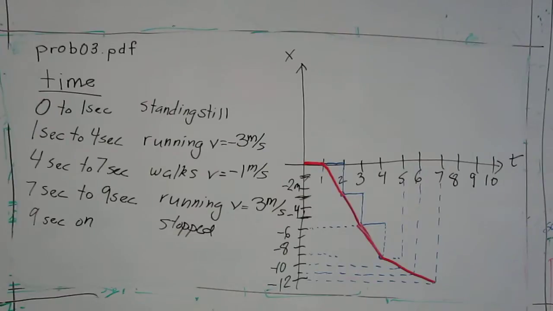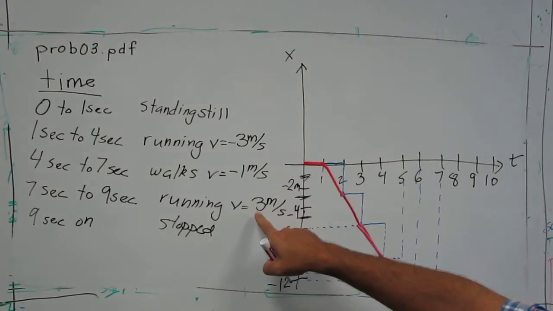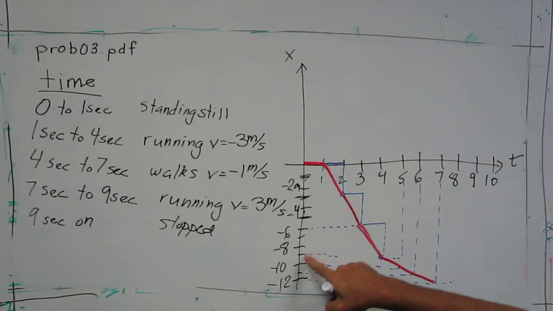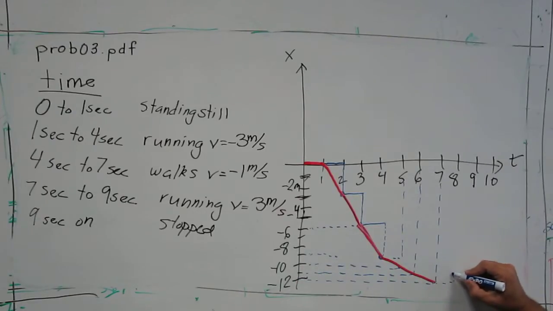All right. Now, the last part where we're actually moving is for 2 seconds, we go forward now at 3 meters per second. So forward, I start here, and in 1 second, which is 8, I go 3 meters, so I'm going to go from -12 to -9 because that's up 3 meters.